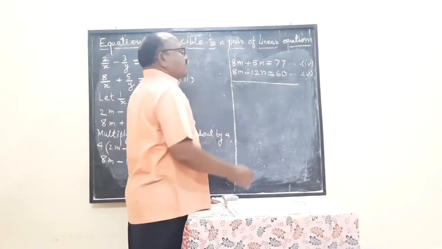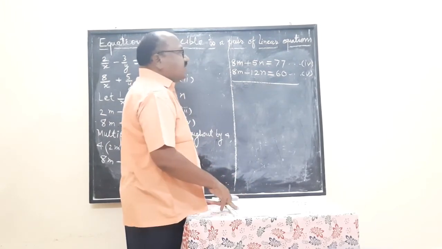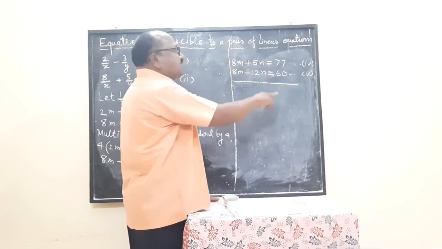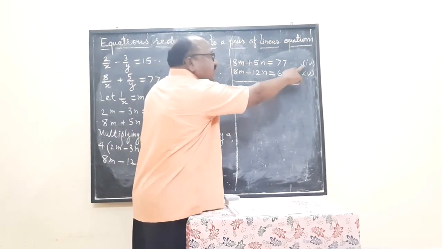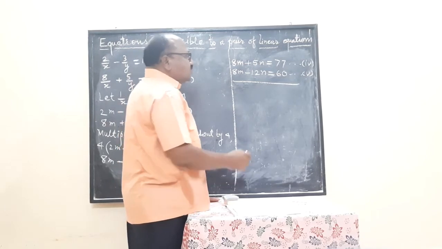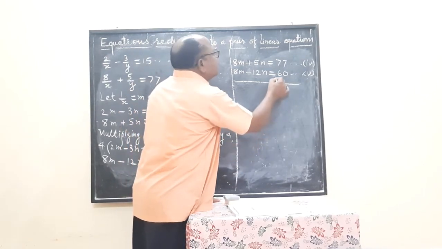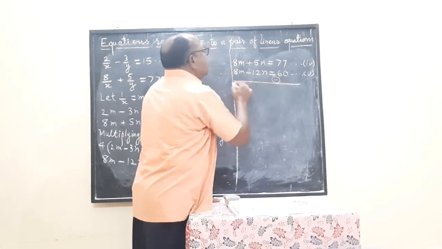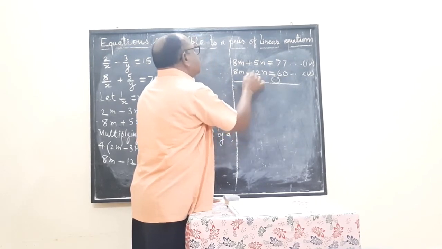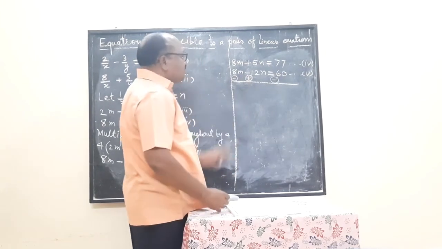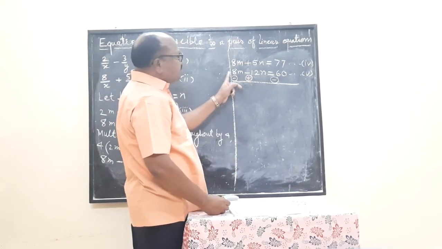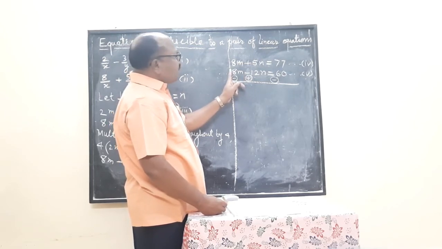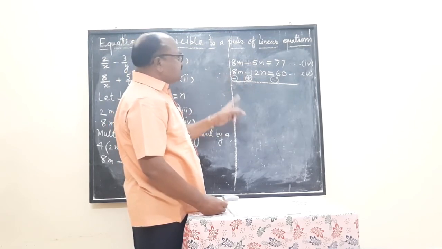Now equation number 4 and 5 are written by me. We have to take subtraction of equation 5 from 4. So to get the values, I have to take signs like this. It is negative, it is positive, and it is negative. Why? Because we are going to subtract, that is why signs of each and every term become opposite.